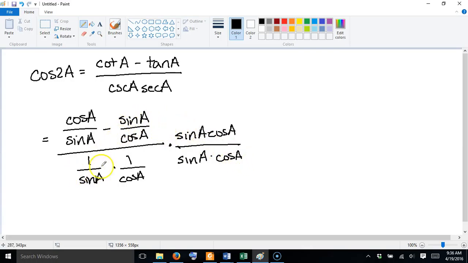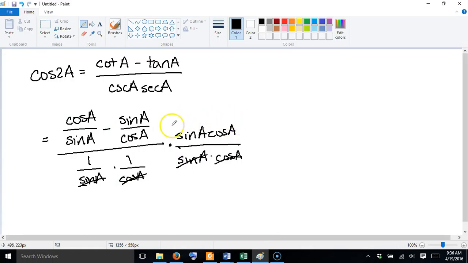Now the denominator would combine to be 1 over sine A cosine A. These two denominators are being multiplied together, and when we multiply, these cancel out with these up here.